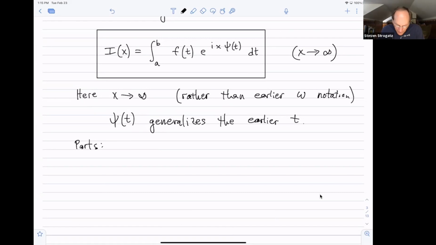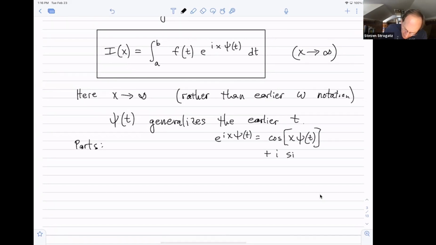well, actually, maybe I should say one little thing. Just in case you're not super familiar with complex exponentials, maybe we should write this out, that this e to the i x psi of t is cosine of x psi of t plus i sine x psi of t.